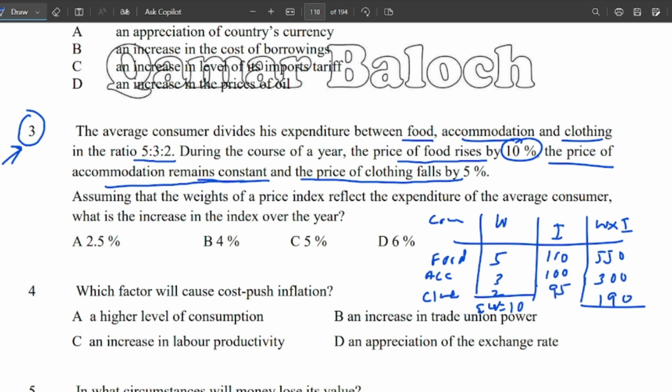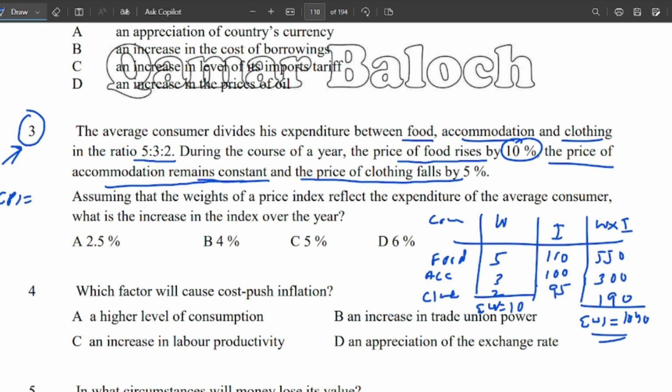Now we can add these values to find the sum of weighted index, which will be 190 plus 300 plus 550. The answer will be 1040.